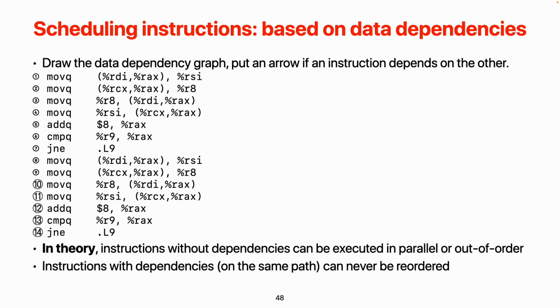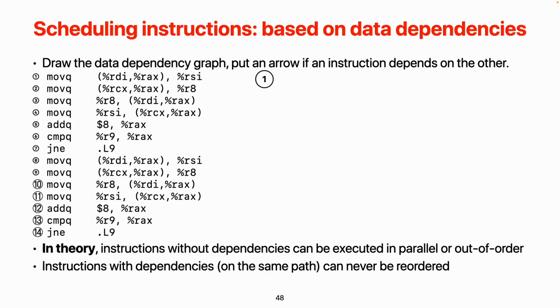And now let's talk about how to draw a data dependency graph. So for the data dependency graph, here's the rule. If there is a later instruction depending on an earlier instruction, let's put an arrow pointing back to the original instruction. So for the first instruction, because it's starting, there shouldn't be any dependency, right? So let's just put it here as a node.